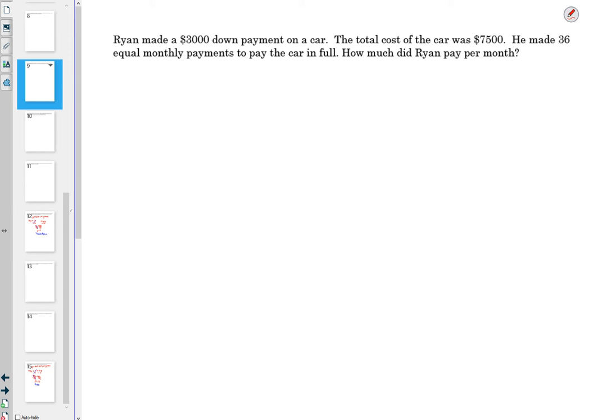All right, let's see. Well, the total cost of the car was 7,500. Let's define the variable. Let's let M be the monthly cost.